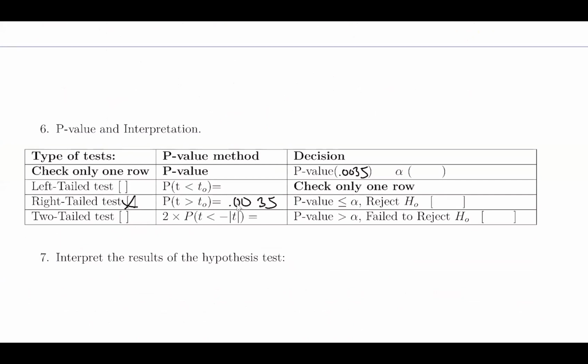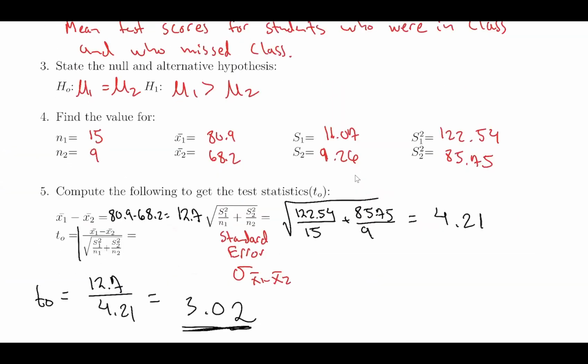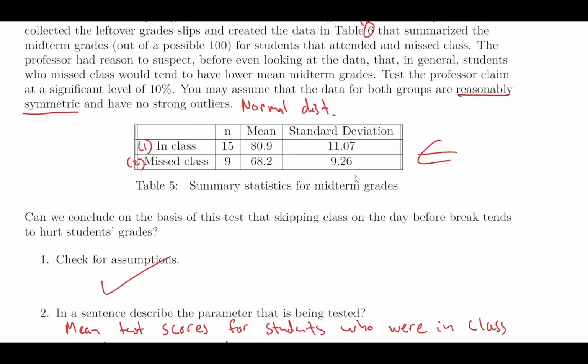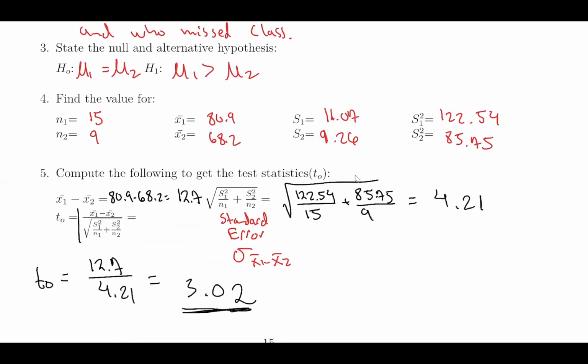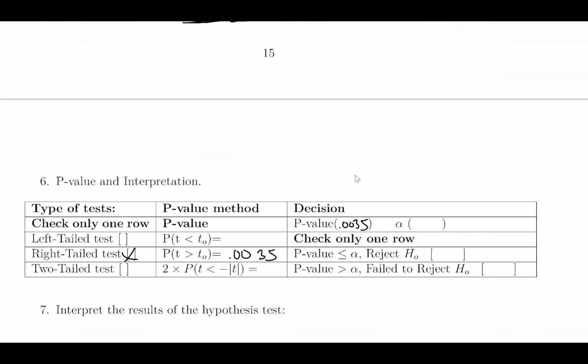I put the p-value, which is 0.0035, and I also put the p-value again at 0.0035. Now if I go back and look for the alpha, I should find that alpha. If you look at it, they say alpha or significance level is 10%. So that's my alpha level. They put 0.10.